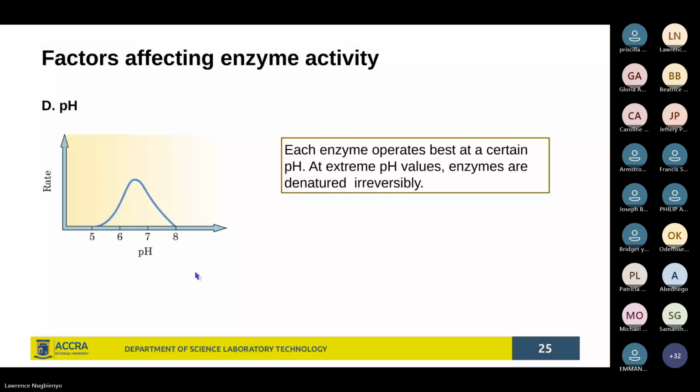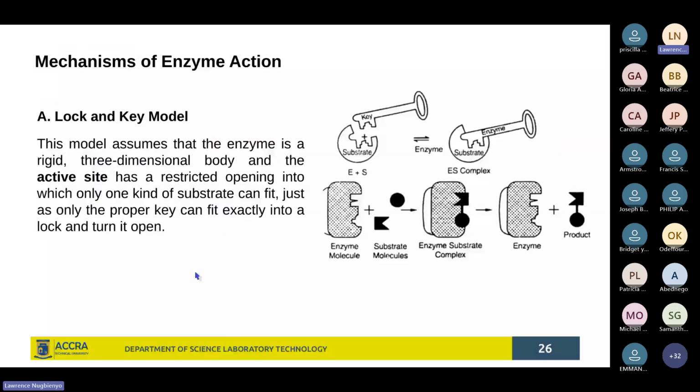Okay. Now we can talk about mechanisms of action of enzymes. One of the models for studying the action of enzymes is referred to as the lock and key model.